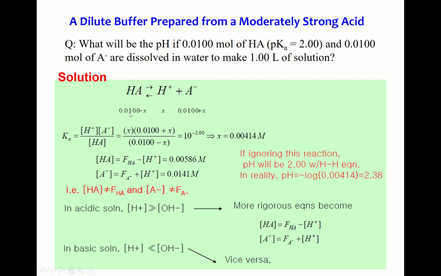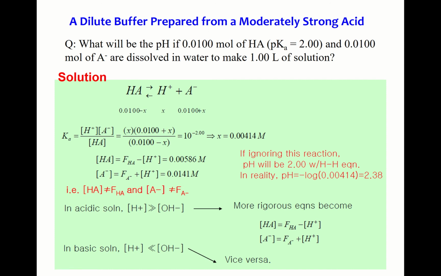Comparing 0.01 and X, X is much smaller, so X could be ignored. In this case we remove X here, and naturally we get this X value, which is 0.01 molar from our assumption.